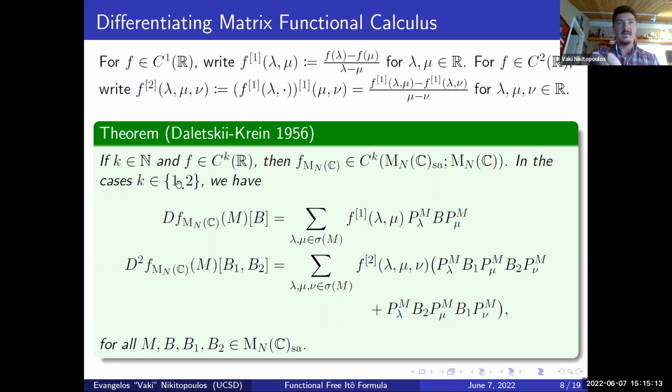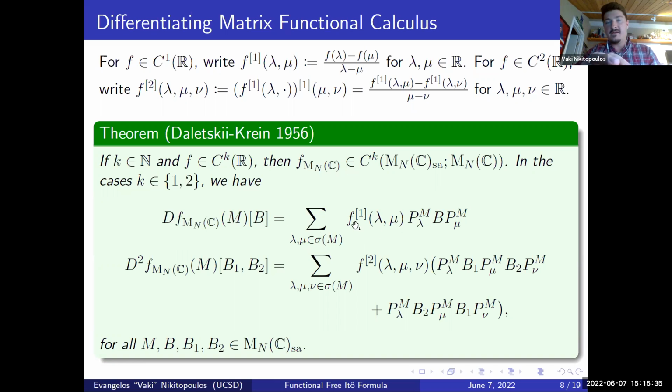So that's k equals 1 and k equals 2. So the first derivative of the matrix functional calculus at m in the direction of b is going to be this double sum over the eigenvalues involving the first divided difference.